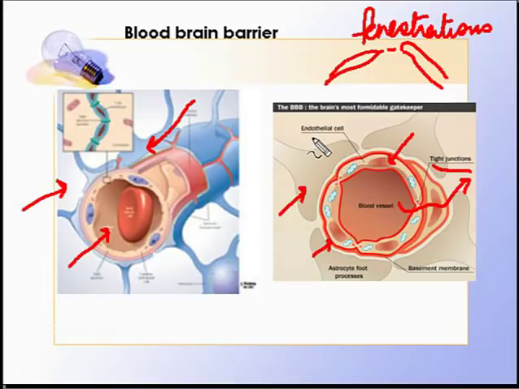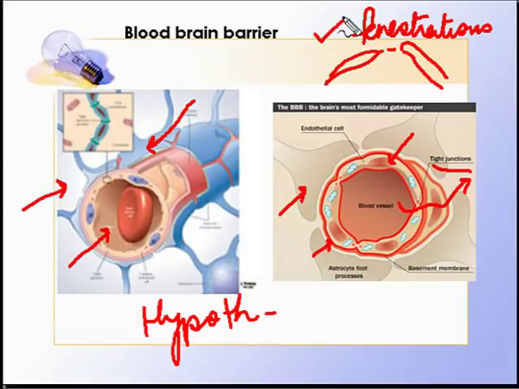Now, the hypothalamus is one area. If you remember, I said there are certain areas in the brain where the blood-brain barrier is absent. The hypothalamus and the posterior pituitary are areas where this blood-brain barrier is absent, and here the endothelium has these fenestrations, and this helps because it allows the receptors of the hypothalamus to sample the chemical content in the plasma, and thereby it brings about appropriate modifications which help to protect the nervous tissue.